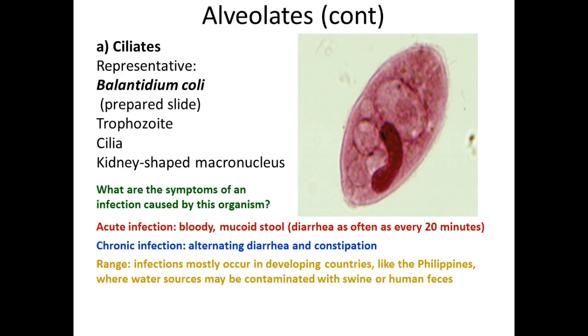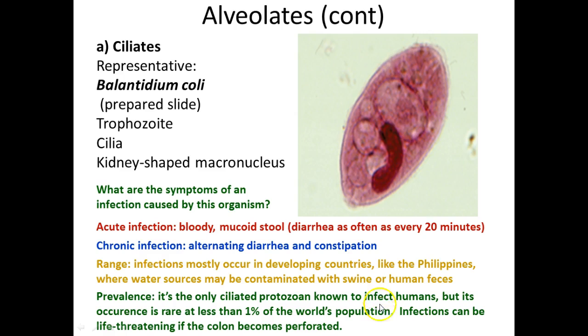This occurs more commonly in developing countries, right, where they don't have good, safe water supplies, like the Philippines, where the water can be contaminated by swine or human feces. It's one of the few ciliates known to infect humans. Right, you don't have to worry about paramecium making you sick, right? But this guy you would.